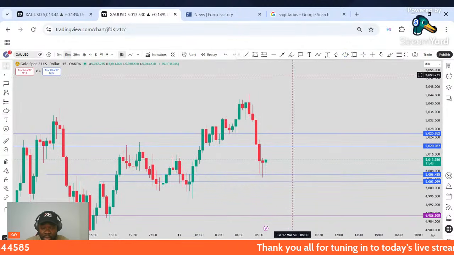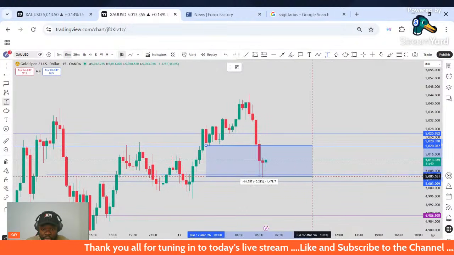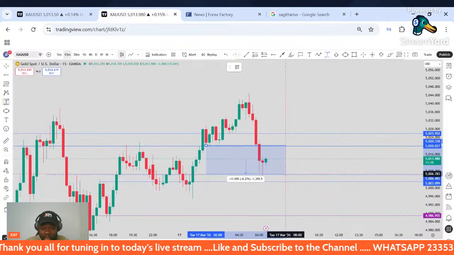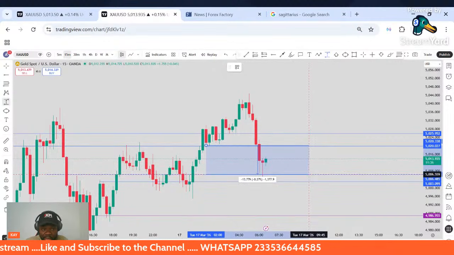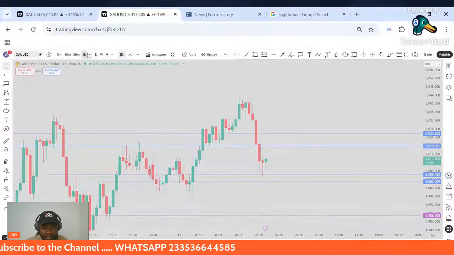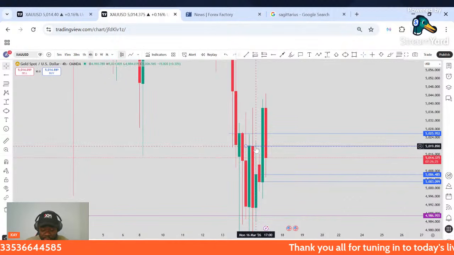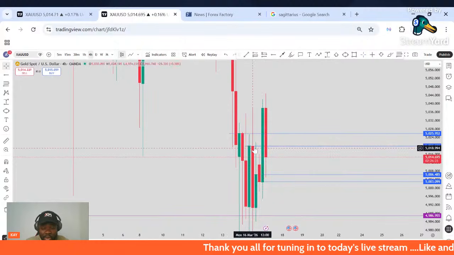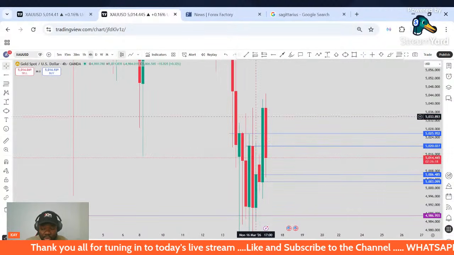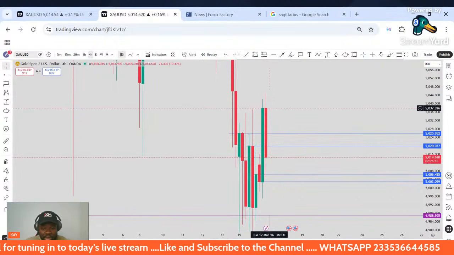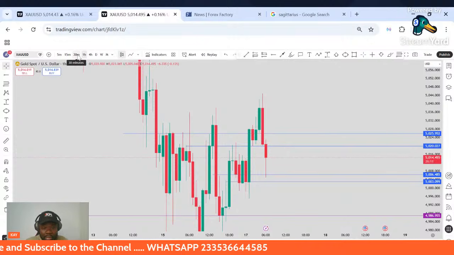So this was the clean zone or the clean area we could have taken advantage of rejection over here. Yeah, we have a rejection. The reason why this level is over here is because price never closed. This candle hasn't closed yet. It's going to close in the next 2 hours, 26 seconds. So this level is still valid.